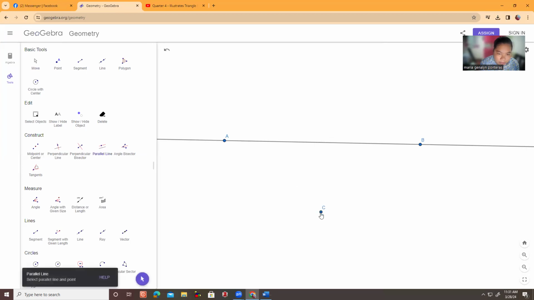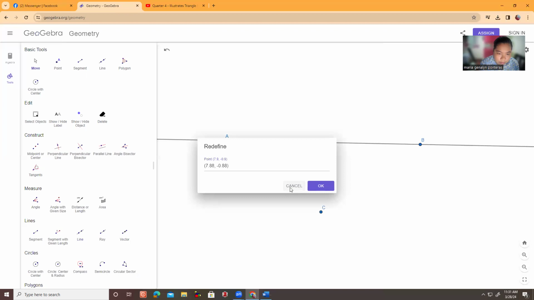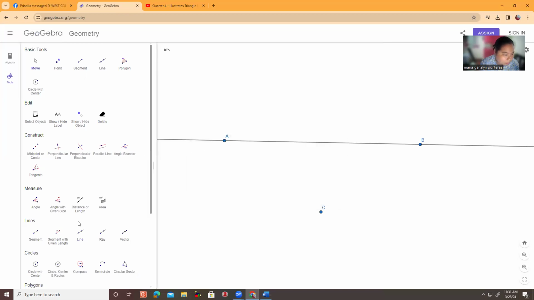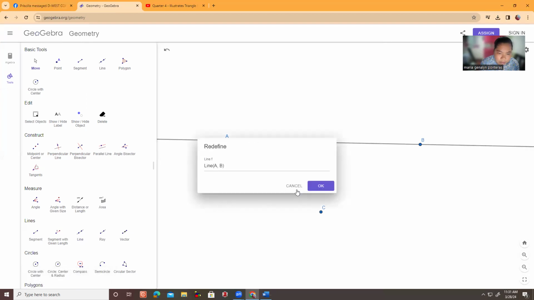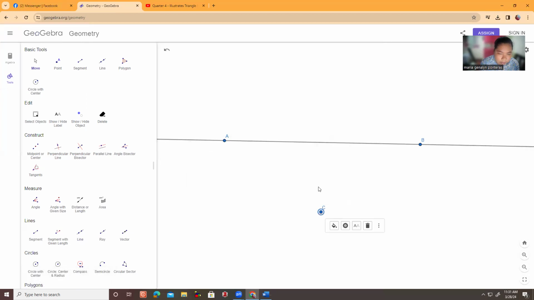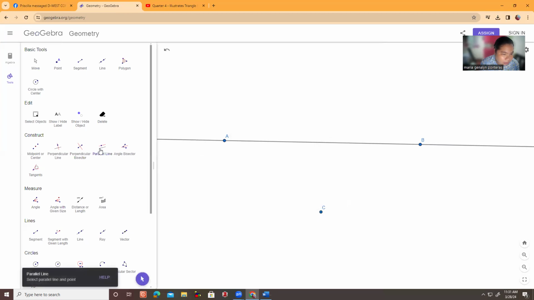Then we select the parallel line tool, and we select the line and the point.